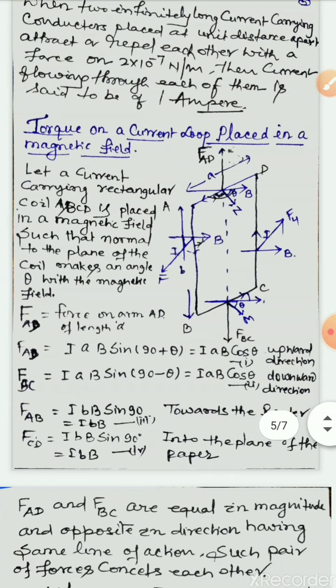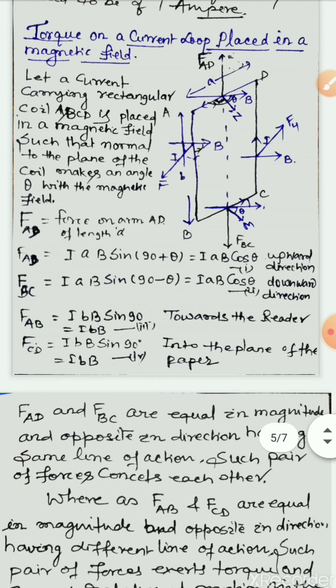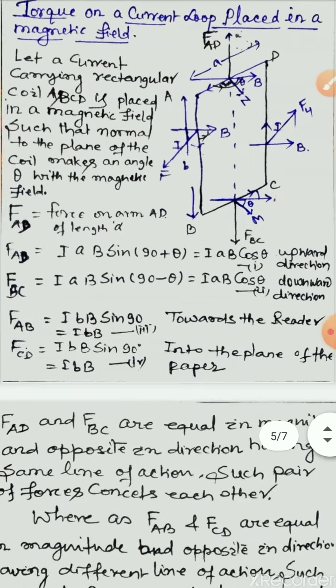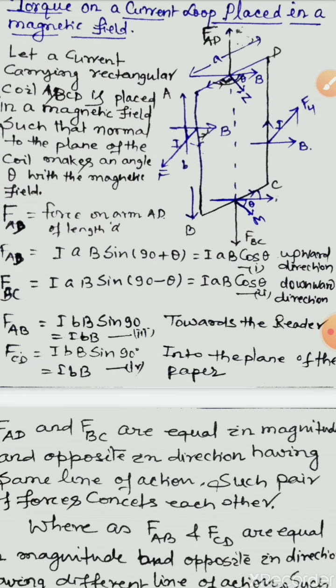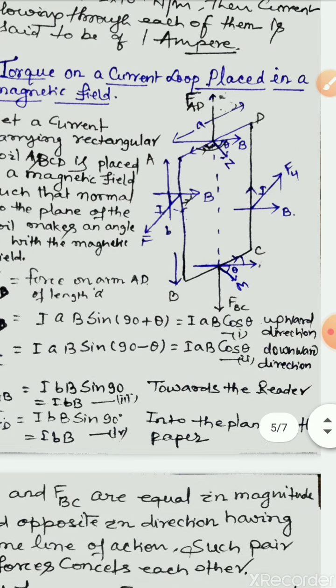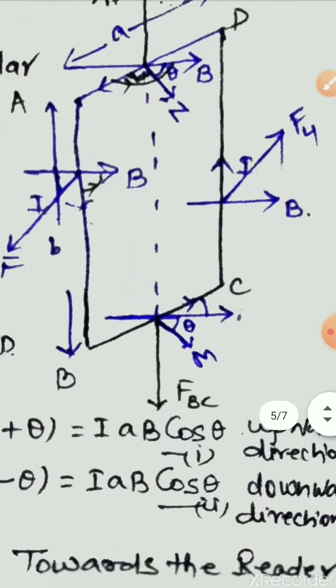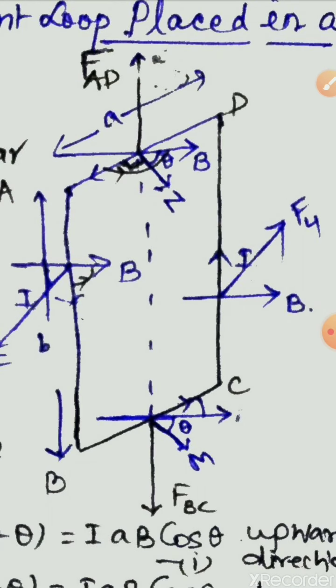Then the last topic of this video lesson is torque on a current carrying loop placed in a magnetic field. Now the figure shows a current carrying conductor A, B, C, D placed in a magnetic field in such a way that the normal to the plane of the coil makes an angle theta with the magnetic field.